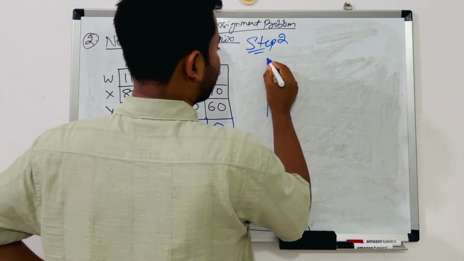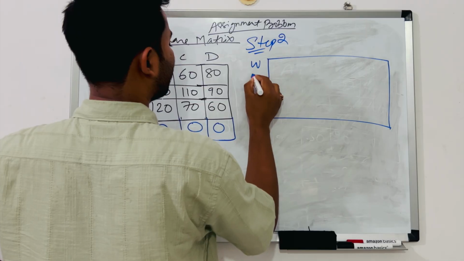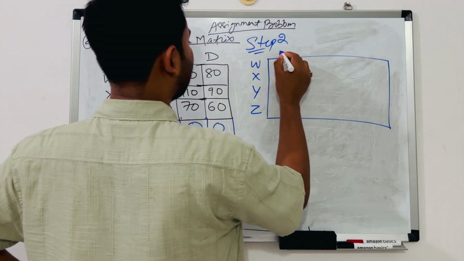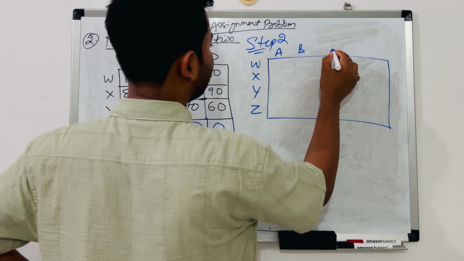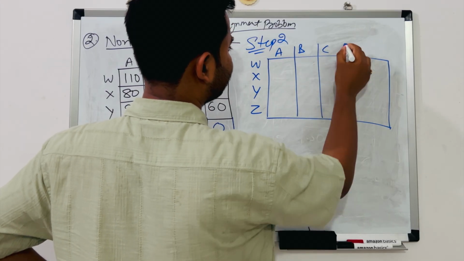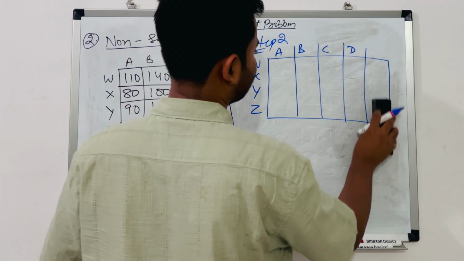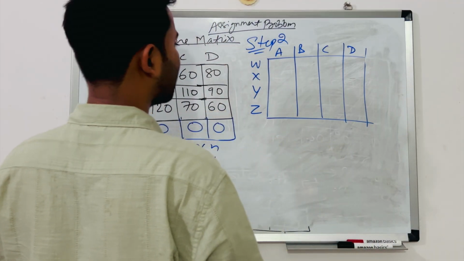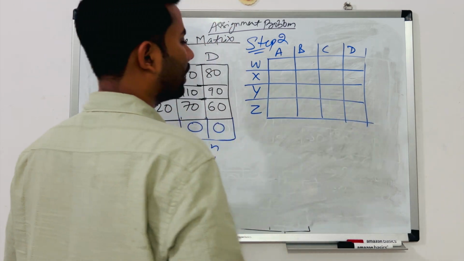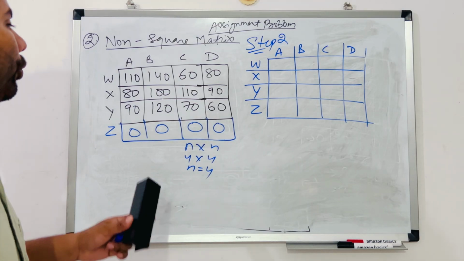So draw a chart table of W, X, Y and Z and A, B, C and D. Now put the values after subtracting by the row.